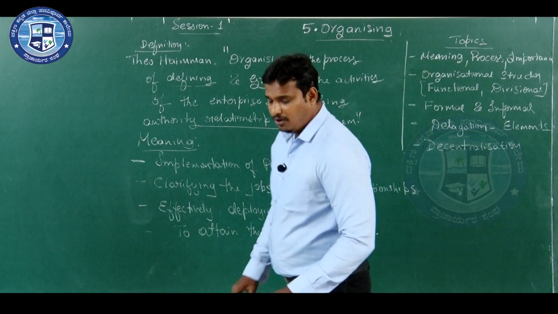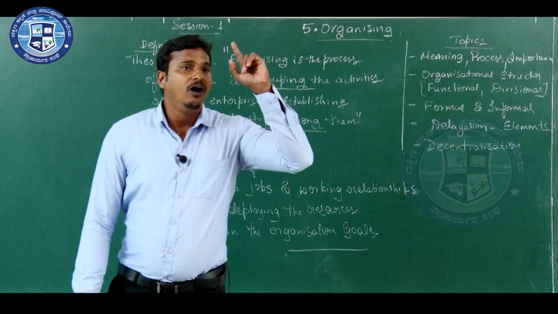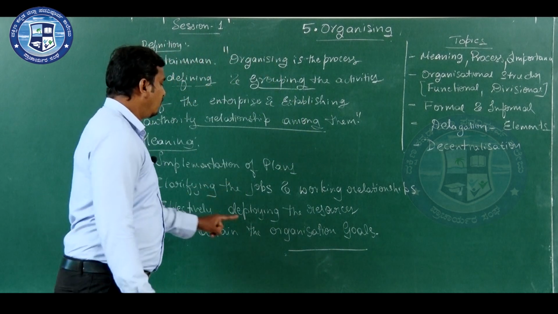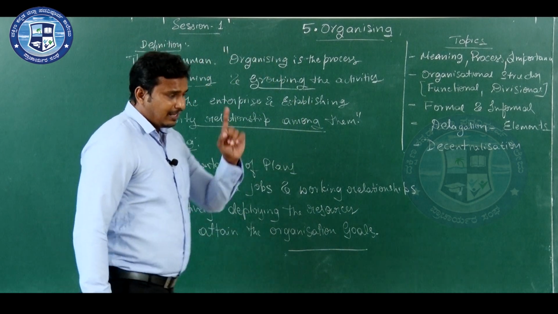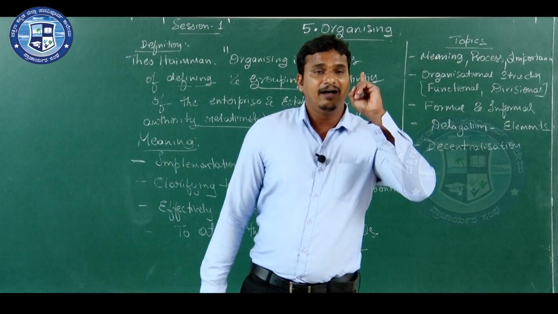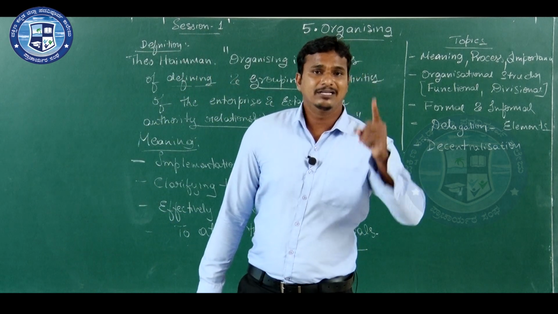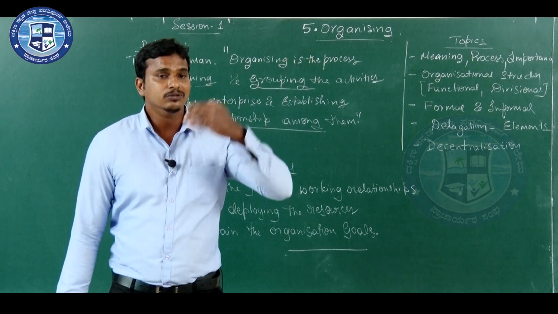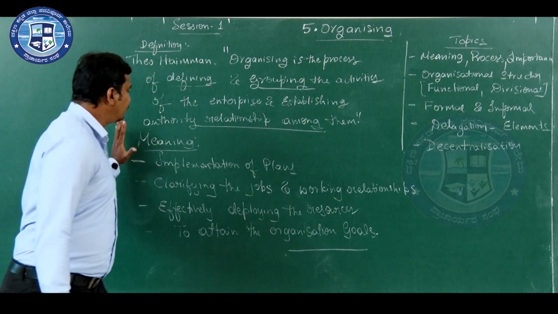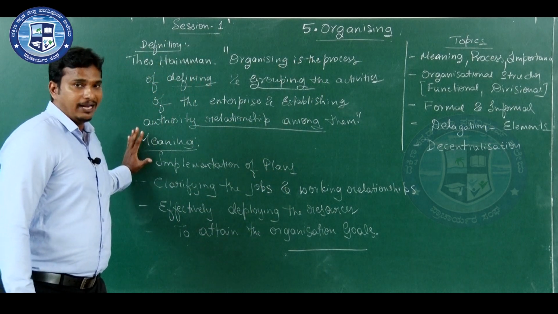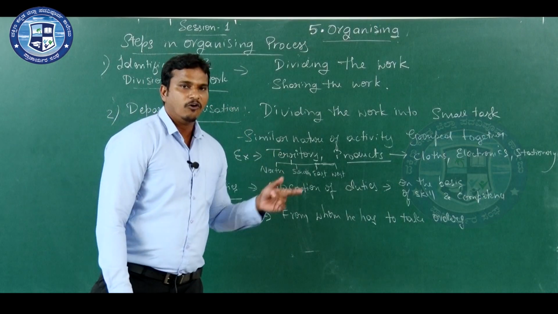The final objective is to achieve the task. Whatever plans and goals the company has set have to be achieved through organizing. So, this is the meaning of organizing. So, let us move forward.